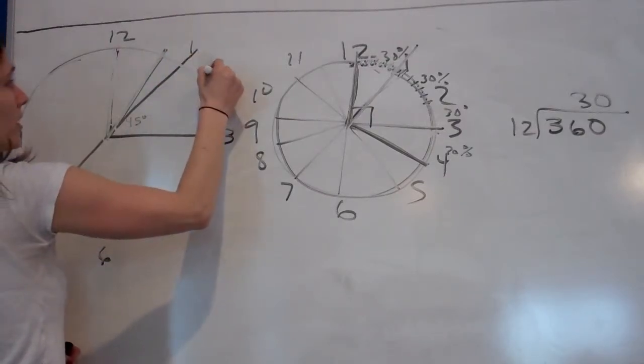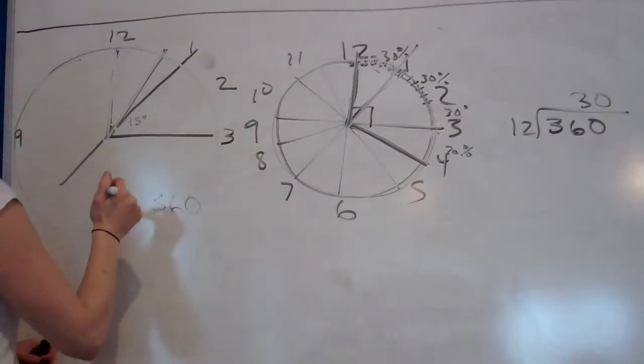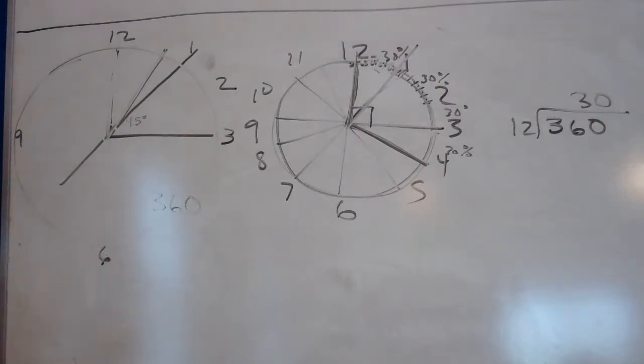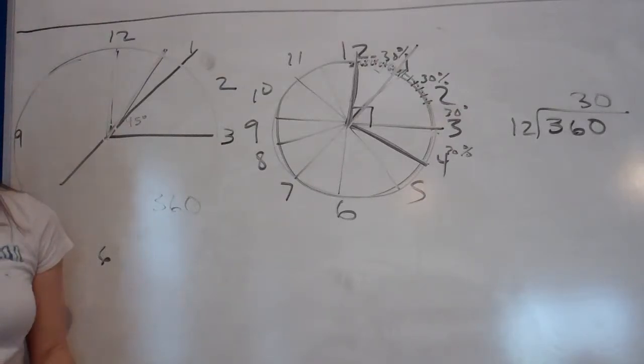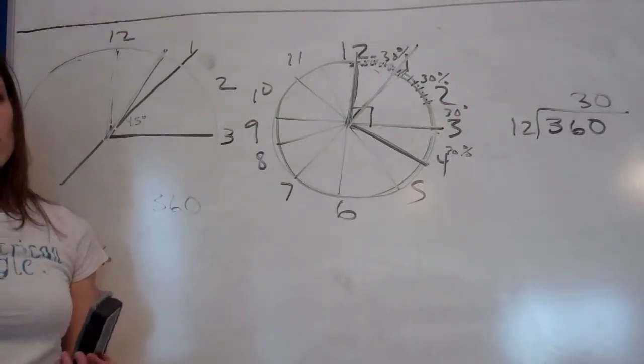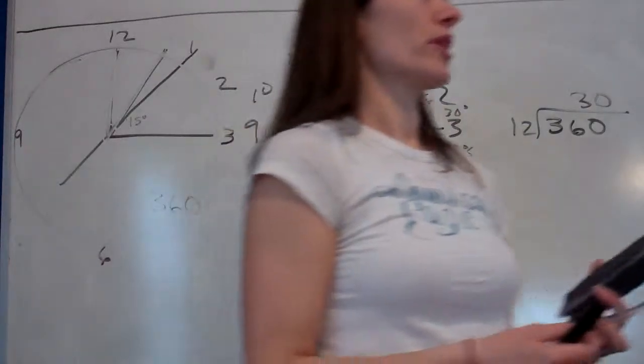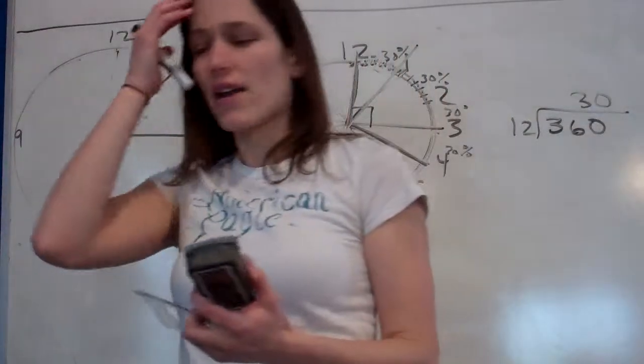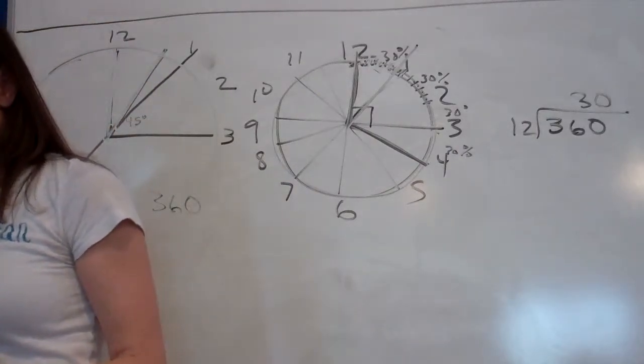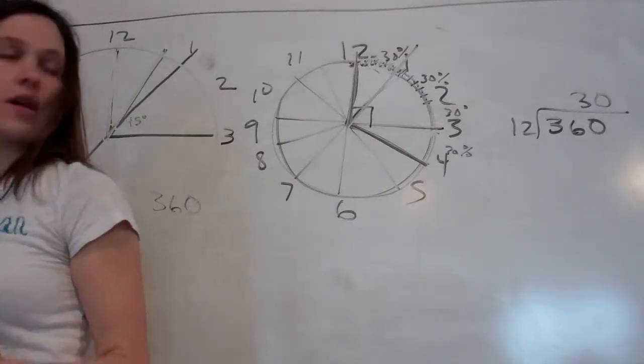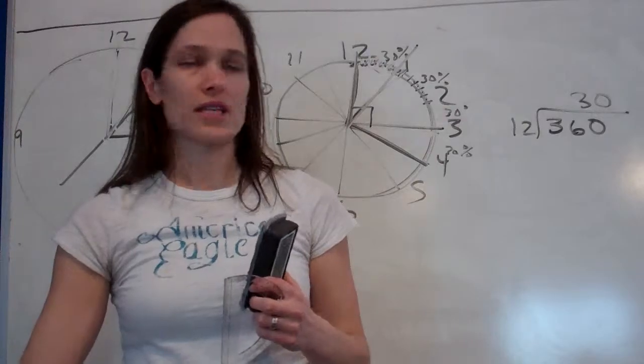Then you could really figure it out. Everybody got it? For an answer, they would just put an estimate. They tell you to estimate, so you just do your best.